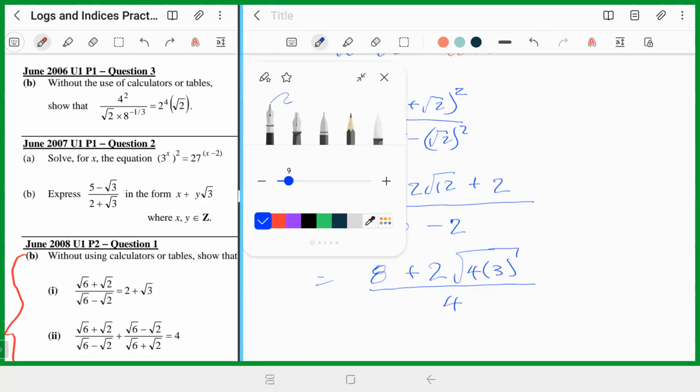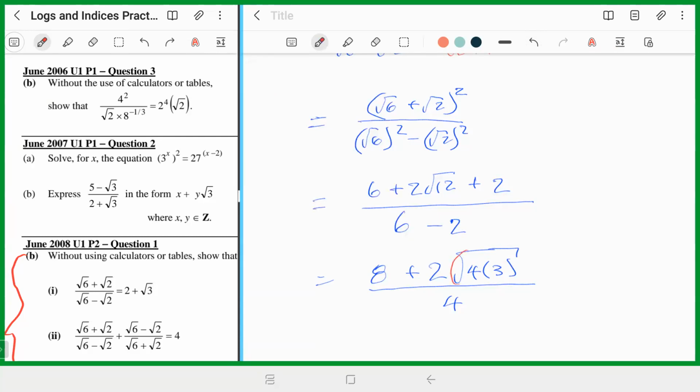Then this root 4 is actually equal to 2, isn't it? Root 4 is 2. And then 2 times 2 is 4. The 2 times that root 4, which is 2, is going to give me 4.